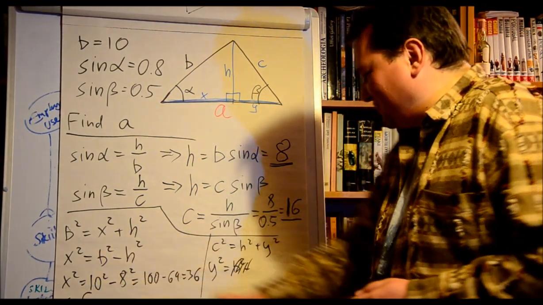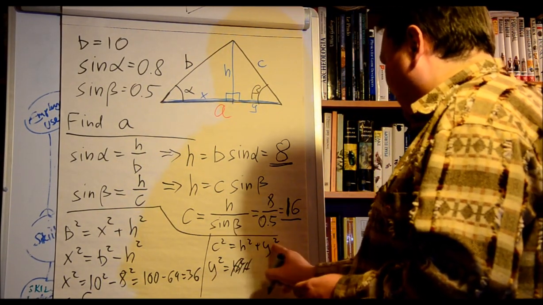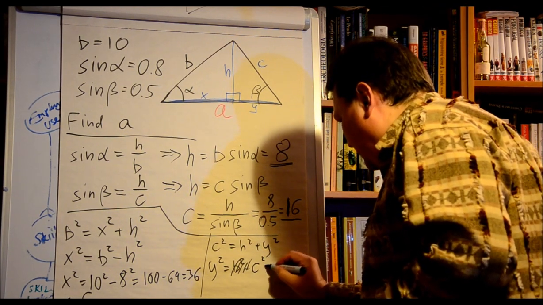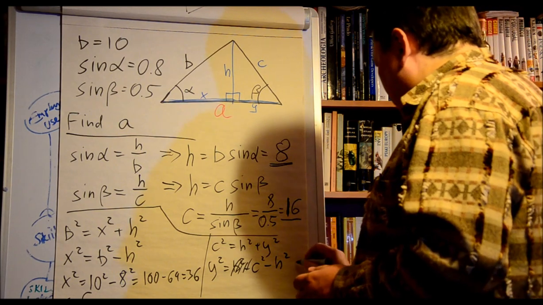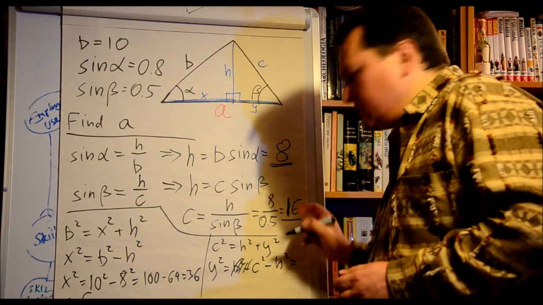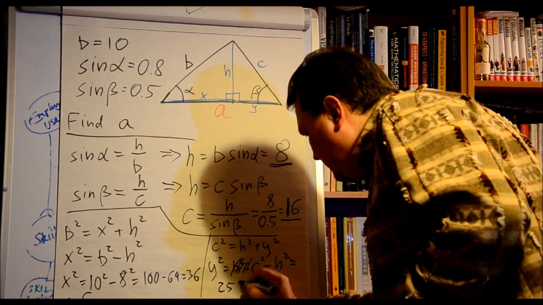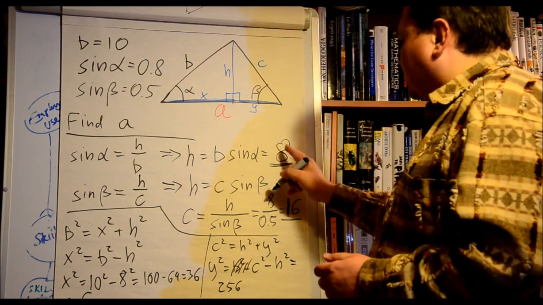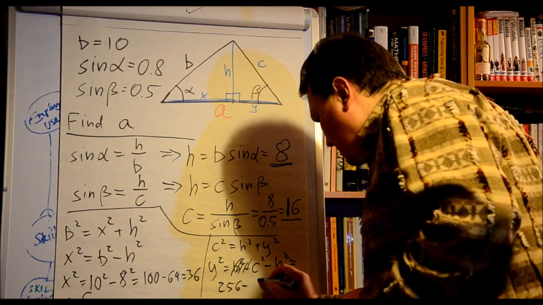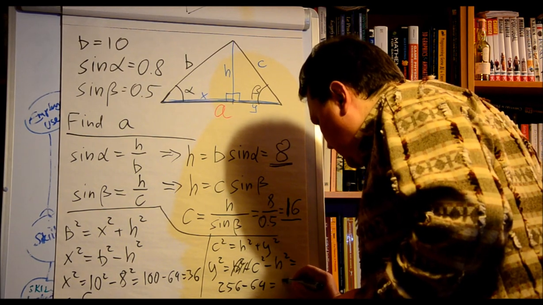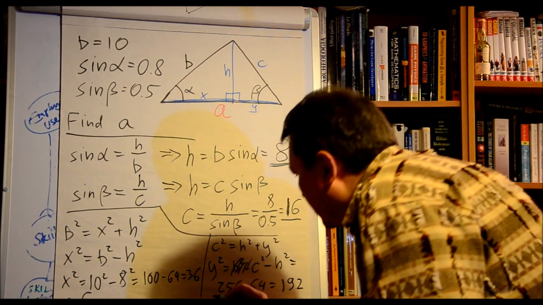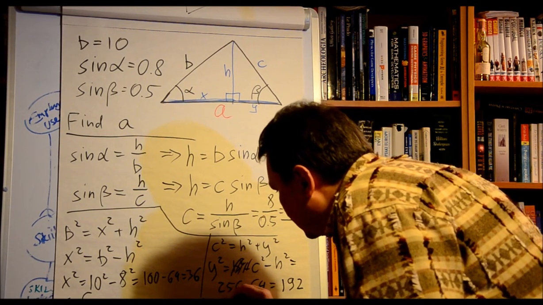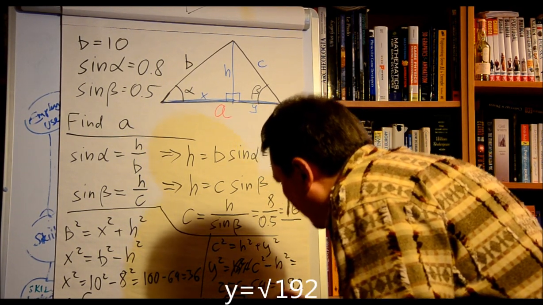I was looking at this formula. y square is of course c square minus h square. c is 16. 16 square is 256 minus h square is 64. So it is 192. So that y is a square root of 192.